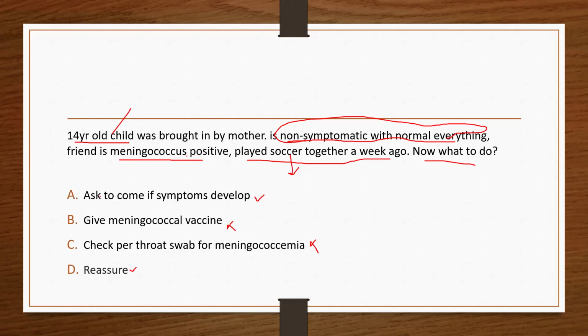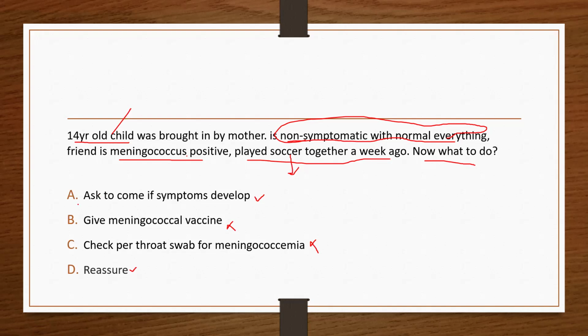You all know that. So if you reassure and send them, they are not going to be very vigilant. They are going to just engage with their day-to-day activities. But if you educate them on the symptoms and the importance and everything, yeah, they are going to be vigilant and come back if they have any concern.